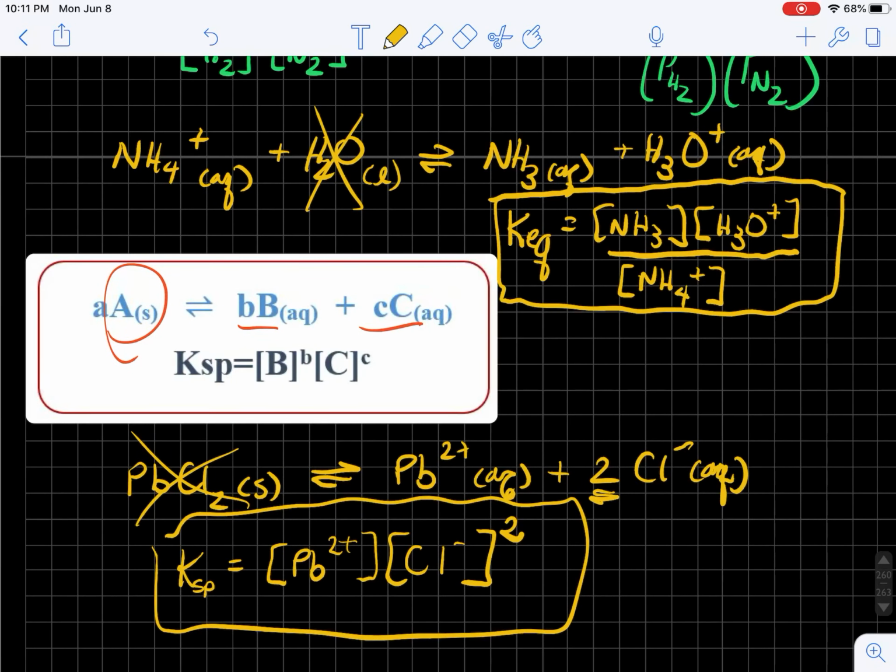HCl in this case will be a gas. And that ion. And in fact, let's change this a little bit so we make this a little more interesting.